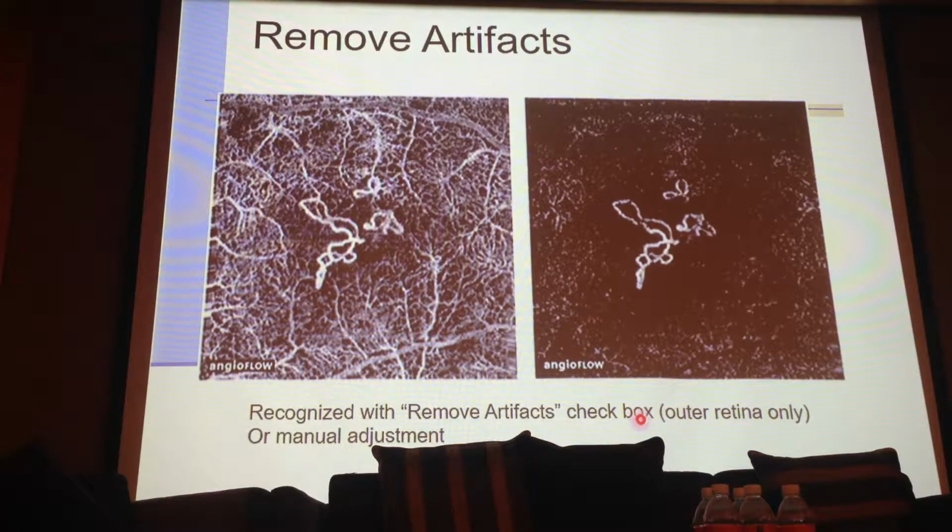The default setting is on, unless you turn it off, and then you can see these artifacts. Usually these artifacts will be projected on the RPE layer. With our software, the outer retina includes the RPE layer. So it is important to keep remove artifact on so we can get a clear view of the outer retina and identify new vascularization in our retina.